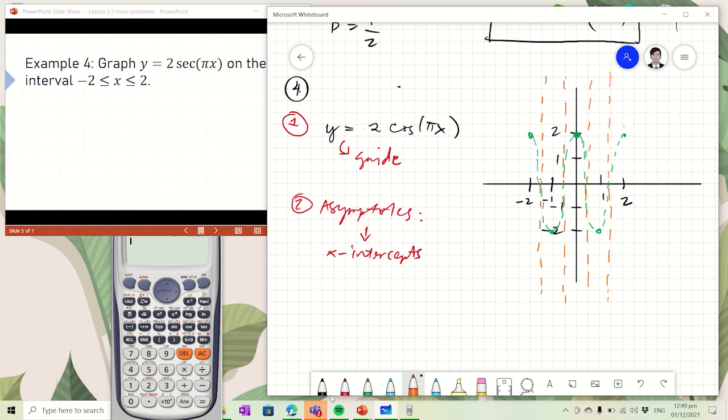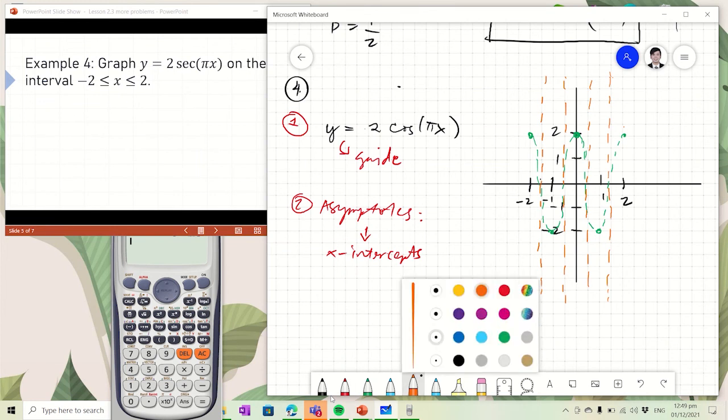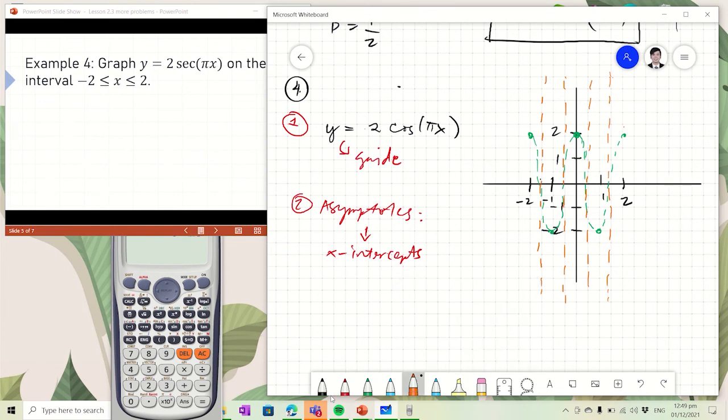Okay. And then, use the U shape between the asymptotes. If the guide function is positive, the U opens upward. And if the function is negative, the U opens downward. So, pag positive, upward, then pag nasa negative, downward.